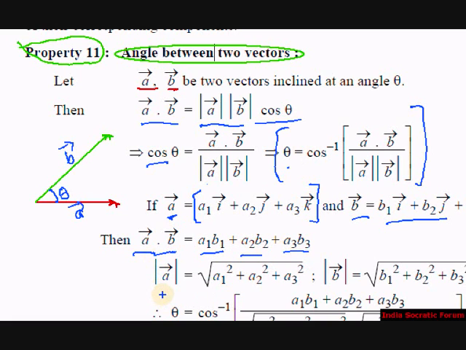So modulus of A vector, per the rule, is the square root of the sum of the squares of its components. What are the components? A1 squared, A2 squared, A3 squared, and take the square root of it.